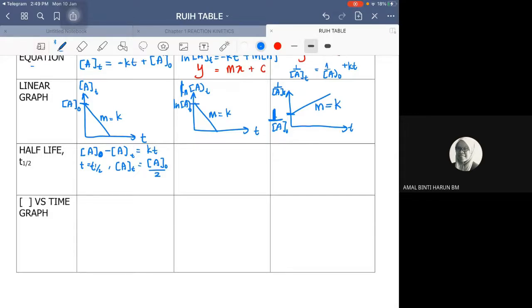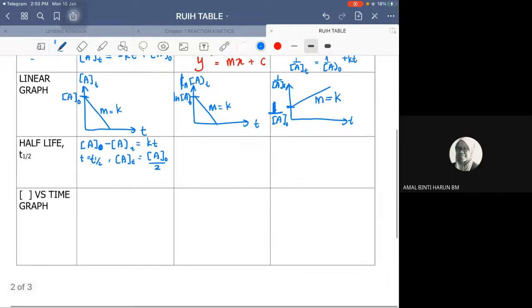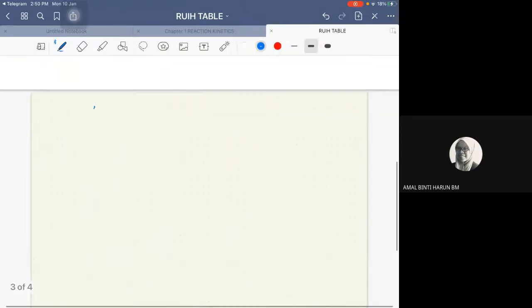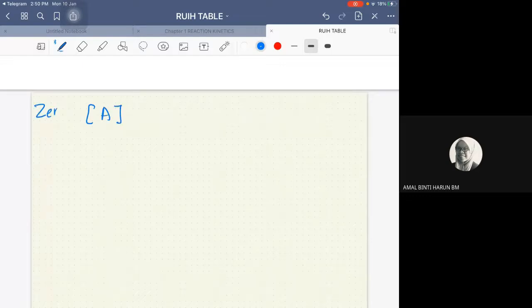Kalau awal A initial, sekarang selepas masa half-life, concentration dia adalah A initial divide by 2 because it become half. Now let's substitute into the integrated equation, which is, alamak tak cukup ruang. Okay. Tak cukup ruang, tambah macam ni. Okay, tulis dulu ni zero order. A initial tolak A time.